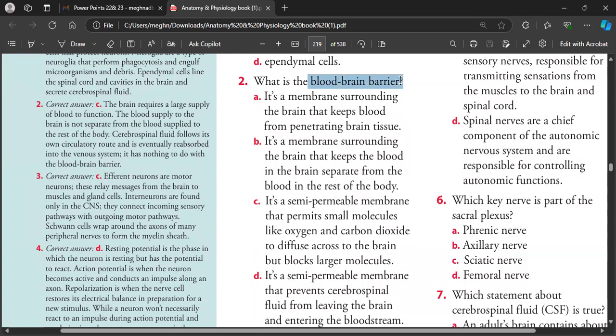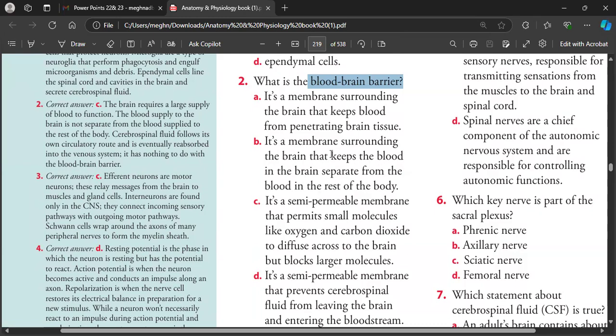In our last lecture, we talked about this. They permit some molecules, but not all. Very small molecules are allowed to get in, but not all. They contain positive and negative charge. So what does B say?